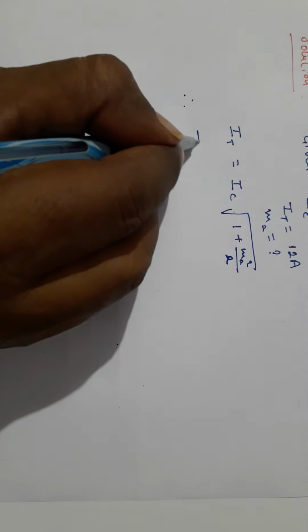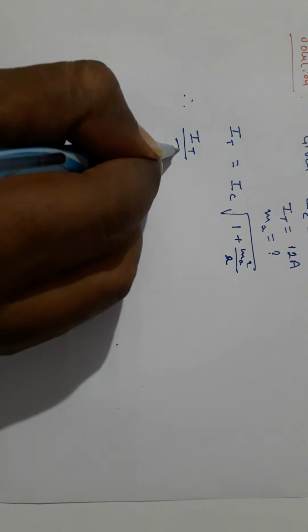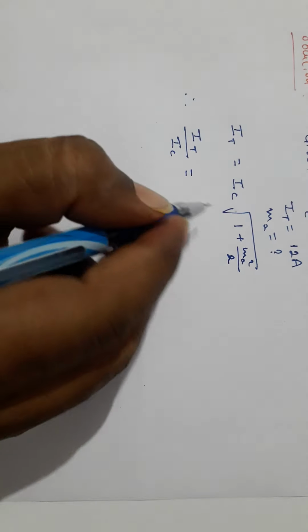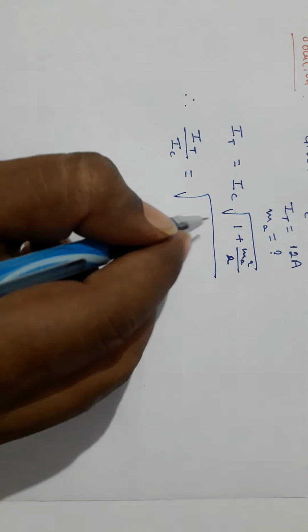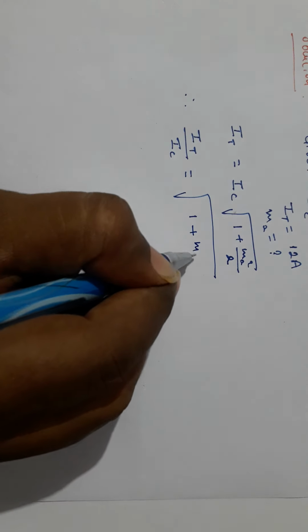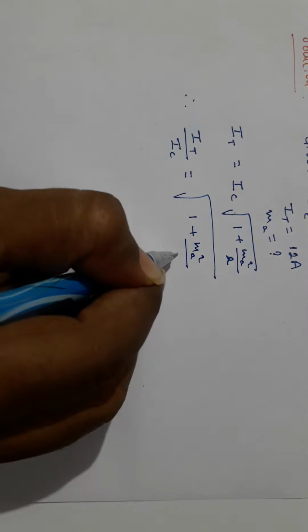Therefore, It divided by Ic equals square root of 1 plus Ma square divided by 2.